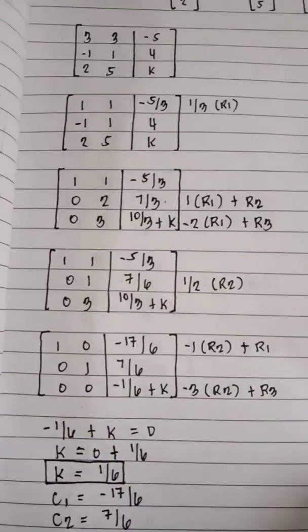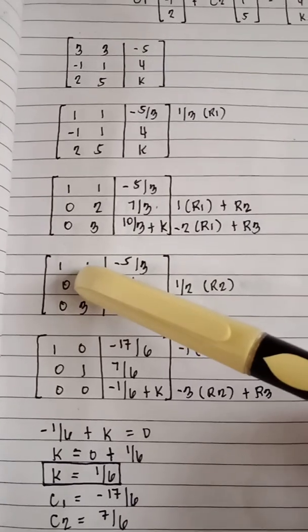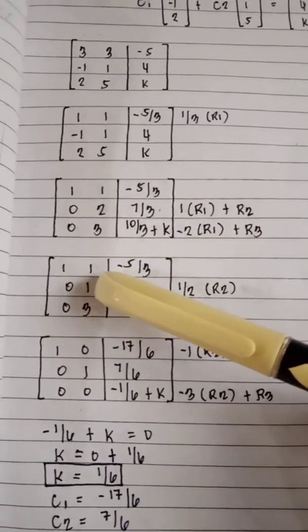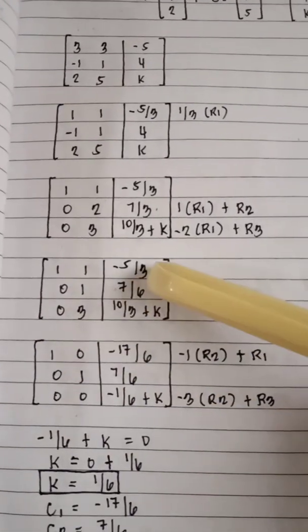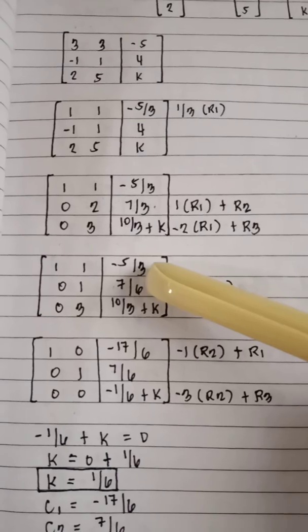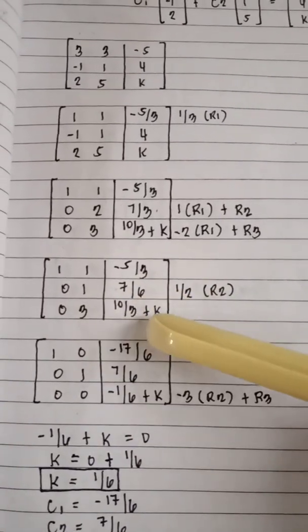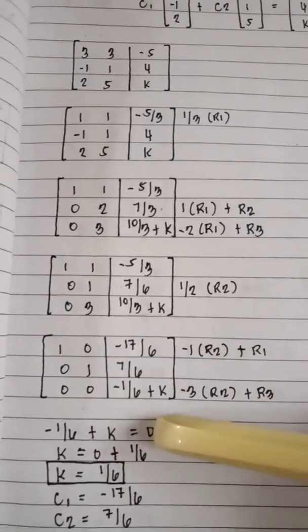In R3, negative 3 times 0 plus 0 is equal to 0. Negative 3 times 1 plus 3 is equal to 0. Negative 3 times 7/6 plus 10/3 plus k is equal to negative 1/6 plus k.